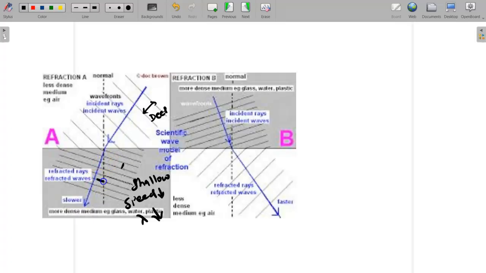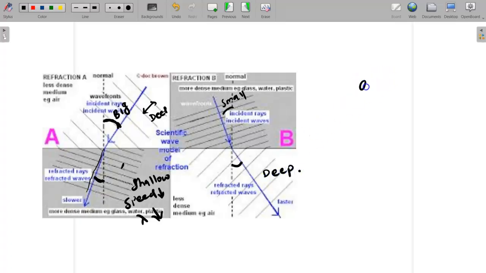So you can see the angle here, a bigger angle, which represents deep region. The angle from the normal to the wave motion is smaller. It represents the shallow region. See here, the angle here is a small angle, so it must be a shallow region. The angle here is big, so it must be a deeper region.